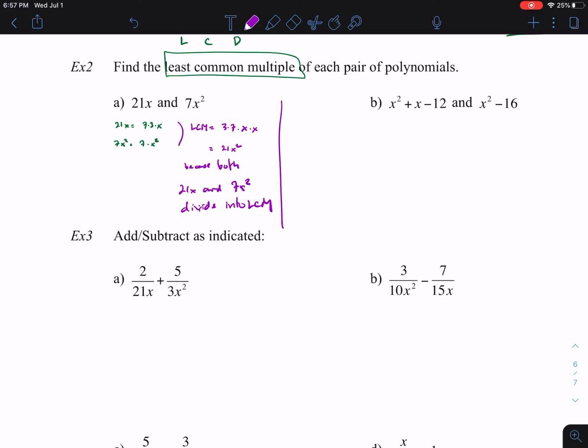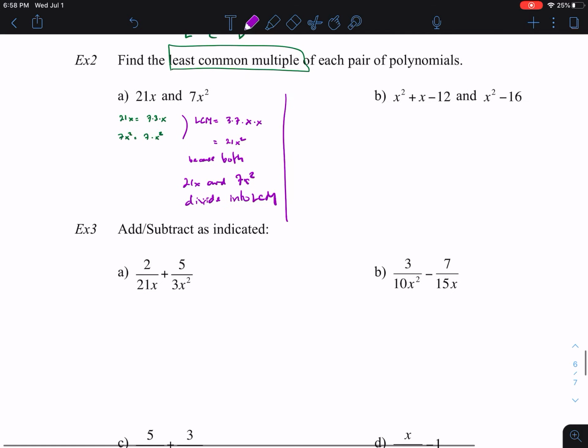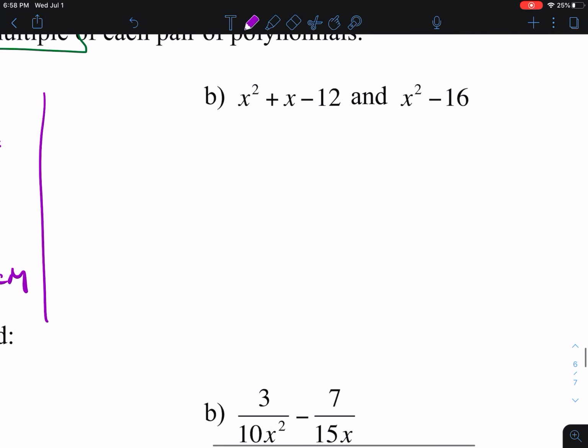With trinomials and binomials, we need to factor them first. In order for us to find a polynomial that is an LCM of these two polynomials, we need to make sure what kind of factors these two polynomials consist of. So x squared plus x minus 12 is factored into x plus 4 times x minus 3. X squared minus 16 is x minus 4 times x plus 4.